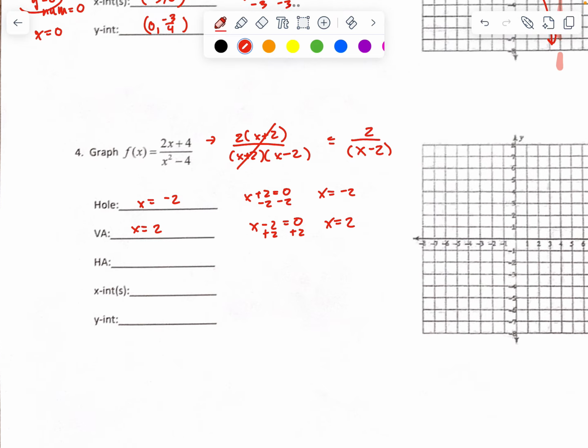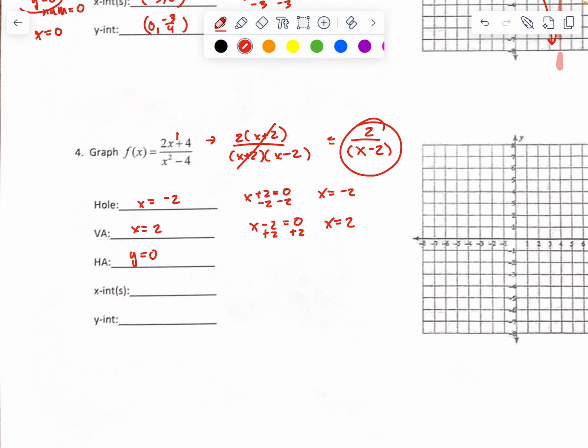Horizontal asymptote occurs in this particular case. This one is a bottom-heavy equation. Degree is 1, degree is 2. So that means the horizontal asymptote is 0. X-intercept occurs when the numerator is equal to 0, and we're looking at our simplified version of this.